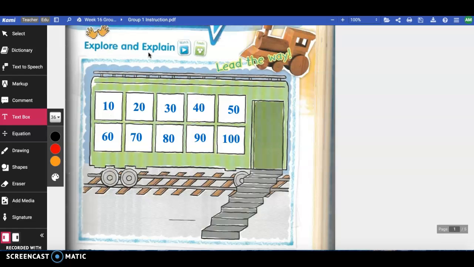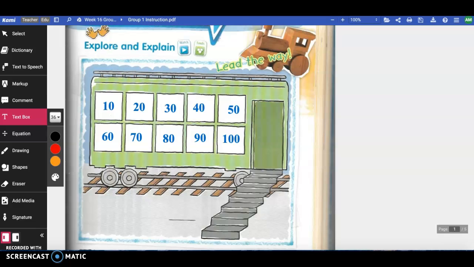You'll share out like 10, 20, 30, 40, 50, 60, 70, 80, 90, and 100. So make sure first you count as a group, then each of you will count out loud individually. So go ahead and pause your video and share out.